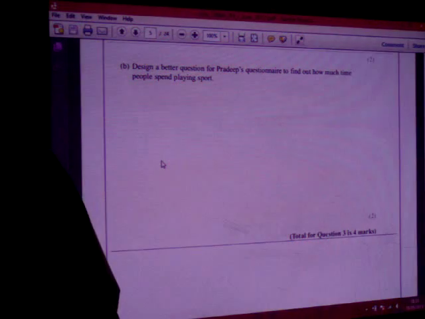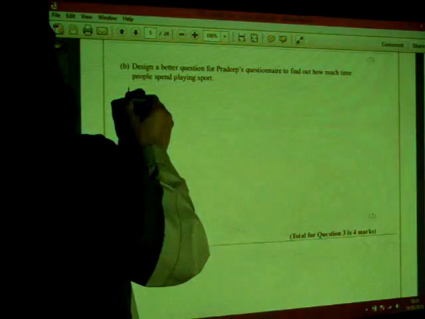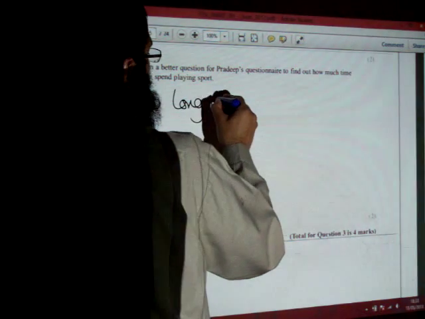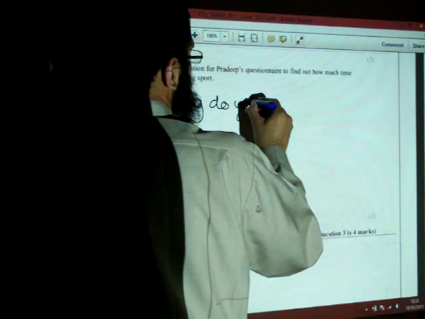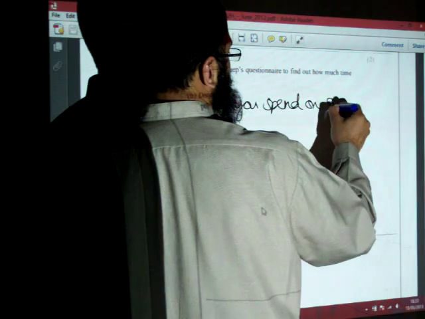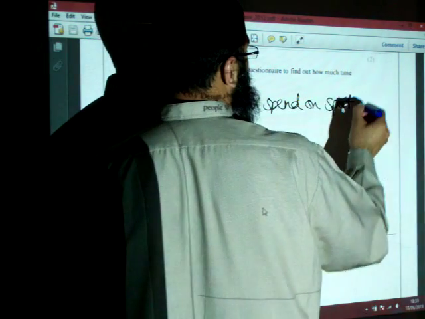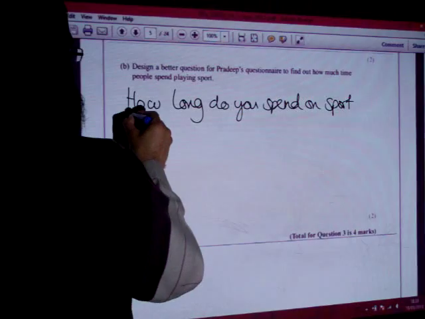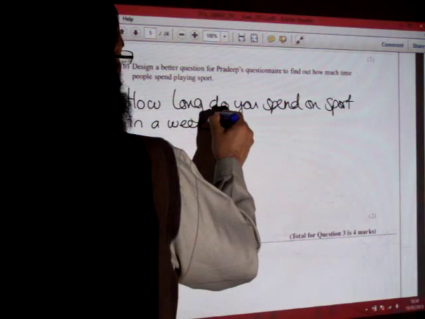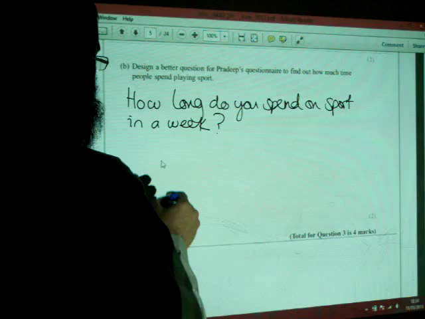So now put the time in there. So what do you say? How long do you spend on sport in a week? So put the time frame in there.